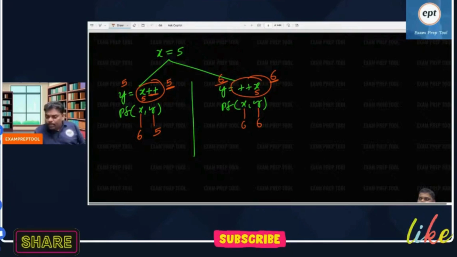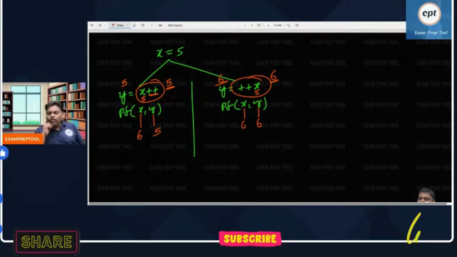Pre-incrementation means first increment, then store. That's it. Everyone knows, but I am saying this so that it will be helpful to those people who don't know.